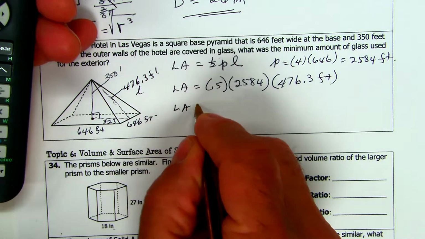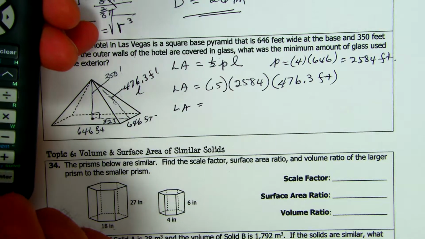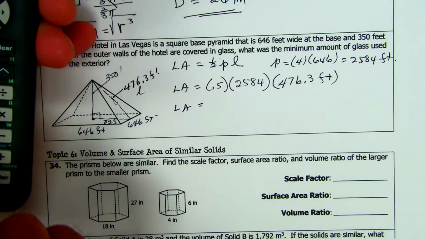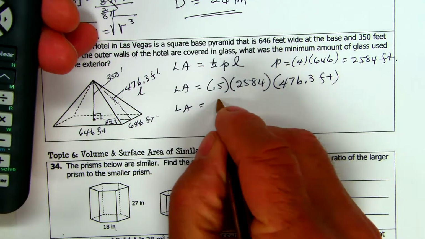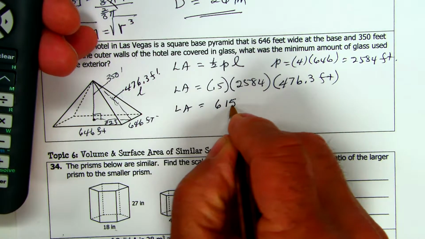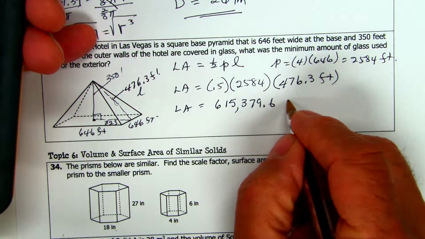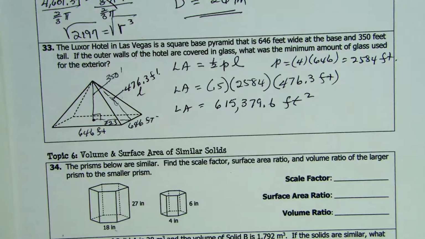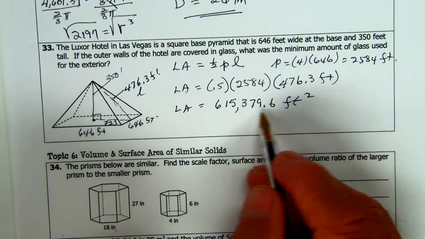So the lateral area would be 0.5 times 2584 times 476.3, and that's going to give us 615,379.6 feet squared. So we have that many feet squared.